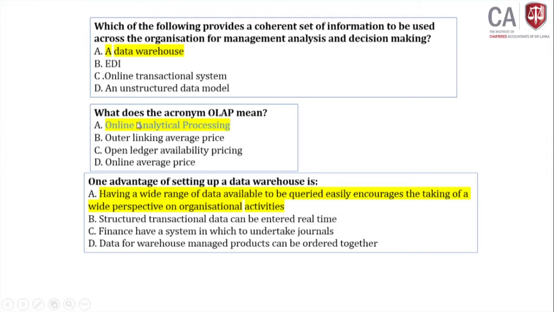What does the acronym OLAP mean? Online analytical processing. One advantage of setting up a data warehouse is having a wide range of data available to be queried easily, encouraging the taking of a wide perspective on organizational activities. So, this is the answer.